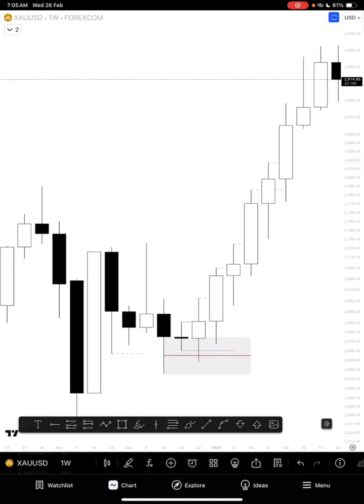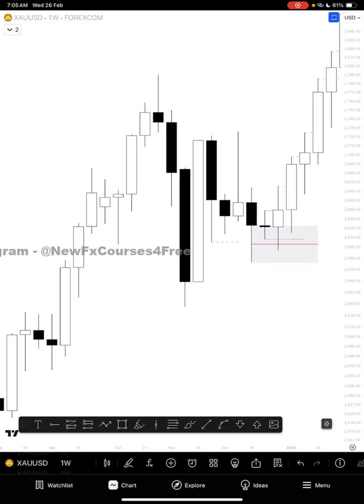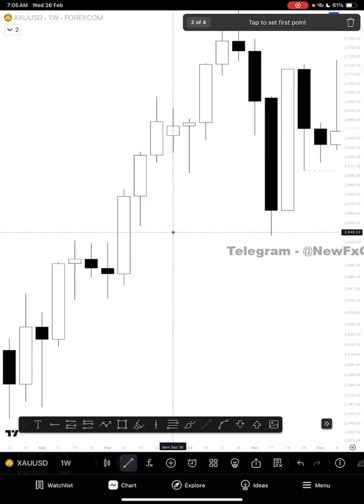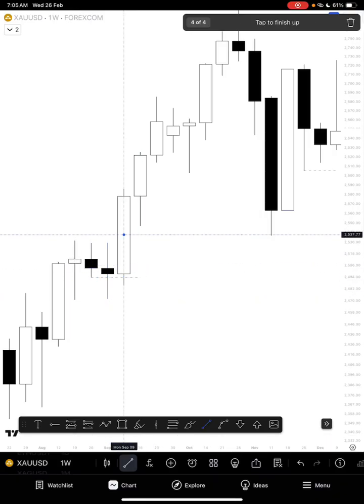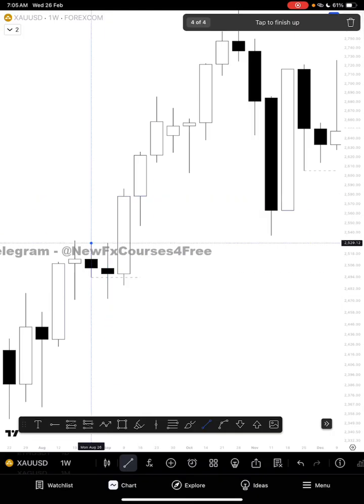So you can see determining a daily bias is actually pretty easy. So here, wick below equals higher prices.